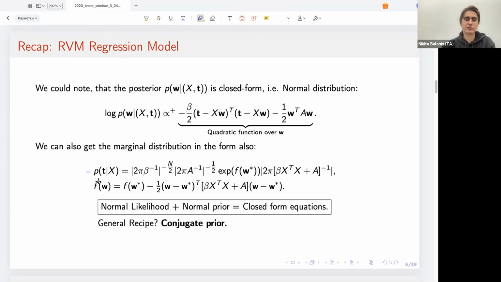But it is just a recap of the second seminar. What was important is that our likelihood was normal and our prior was normal, and with these assumptions, we obtained the closed form equation. So when it works in a general case, for this we will use conjugate priors, and now we will discuss this.